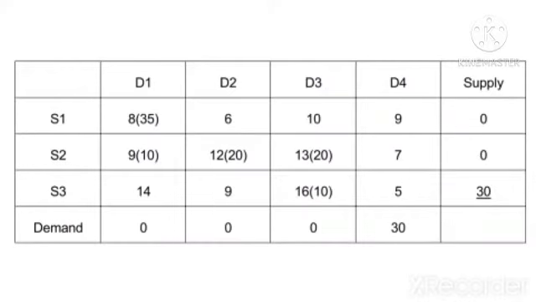The rim values for S3 equals 30 and D4 equals 30 are compared. The smaller of the two is 30. That is assigned to S3 and D4.